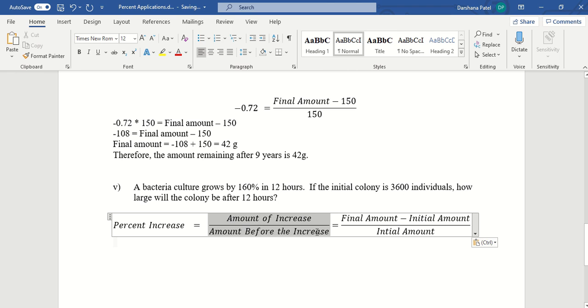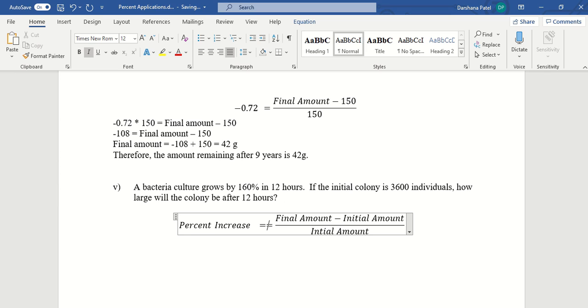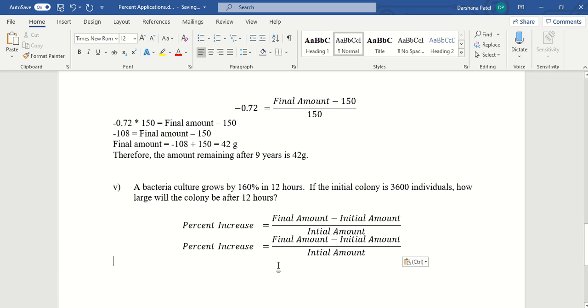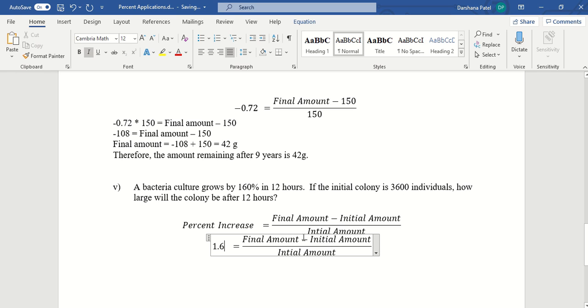In our example, the amount of increase is 160%. 160% as a decimal is 1.6. Final amount is unknown. Initial amount is 3600, divided by 3600.